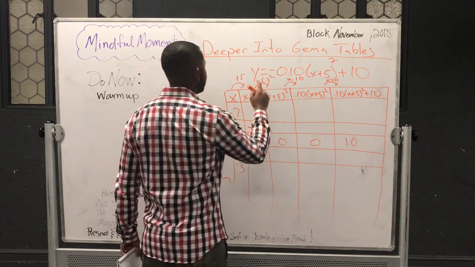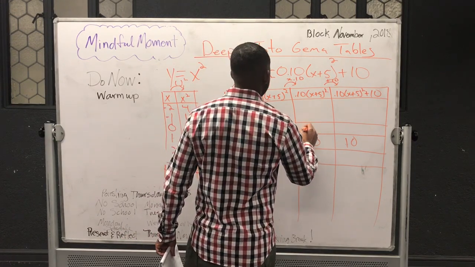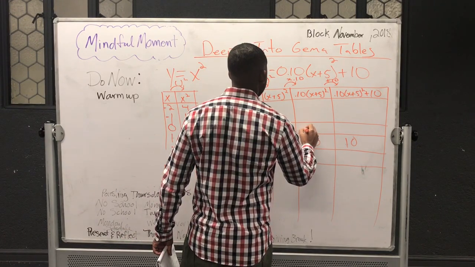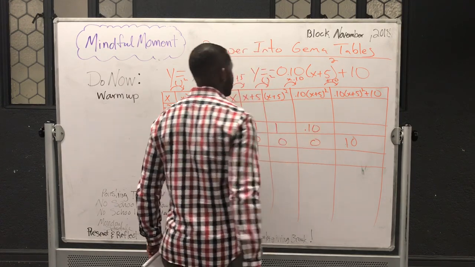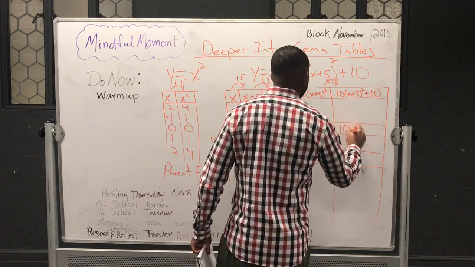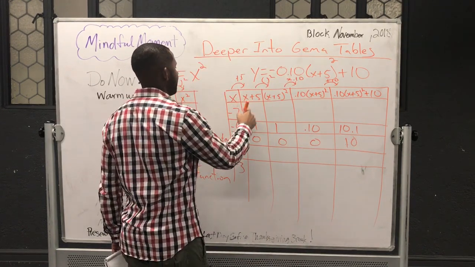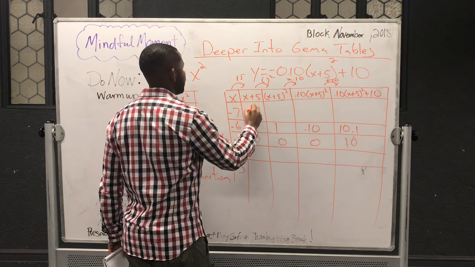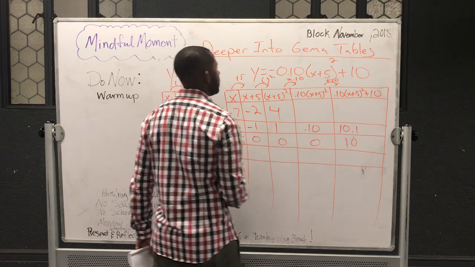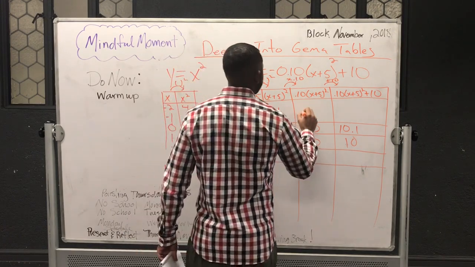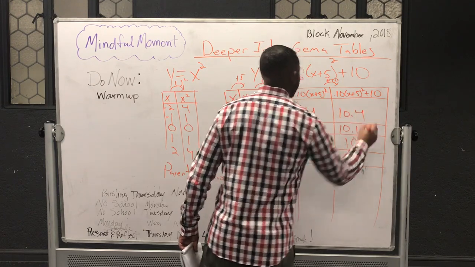Yep. -1 squared is 1. 1 times 0.10 is 0.1, and plus 10 is 10.1. Alright? -7 plus 5 is -2. -2 squared is 4. 4 times 0.10 should be 0.4. Plus 10 is 10.4.